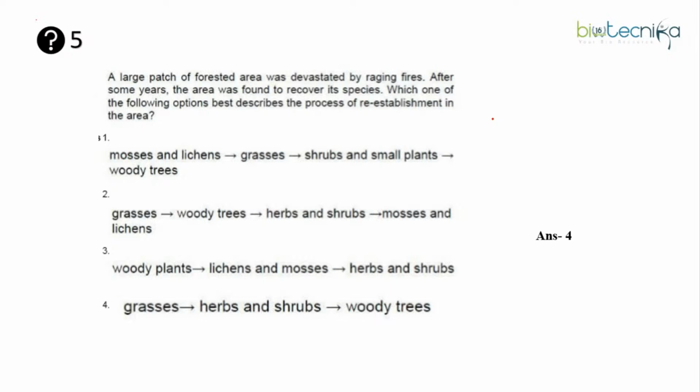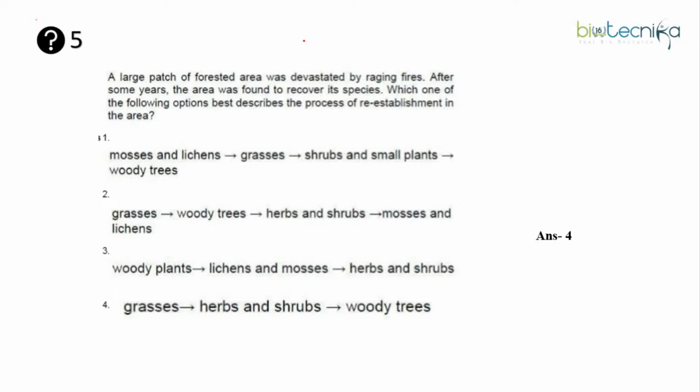Well, the correct answer is option 4. You start with grasses, then herbs and shrubs, and then woody trees. Why is it that? Because here they have already said that a large patch of forested area was devastated. That means there was a forest which got devastated, which got destroyed.